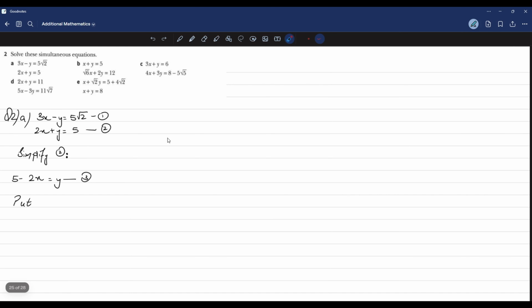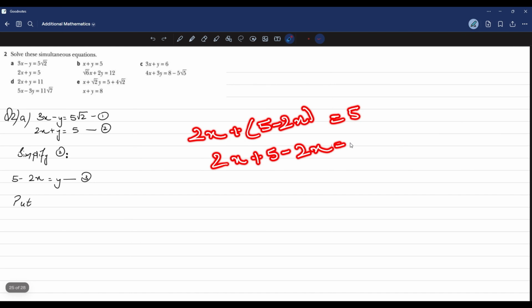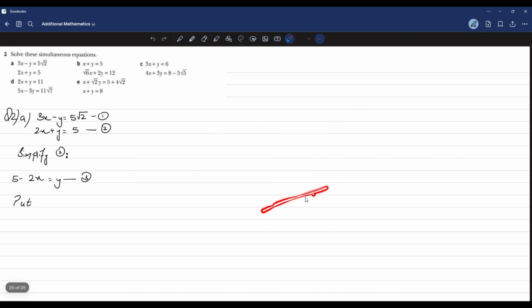I'll prove to you how, if we input the value of y instead, 5 minus 2x. So 2x plus 5 minus 2x is equals to 5. So if I were to simplify, 2x plus 5 minus 2x is equals to 5, and then 2x and 2x would cut down, 5 should be equals to 5. And this is actually proving what our answer would be.